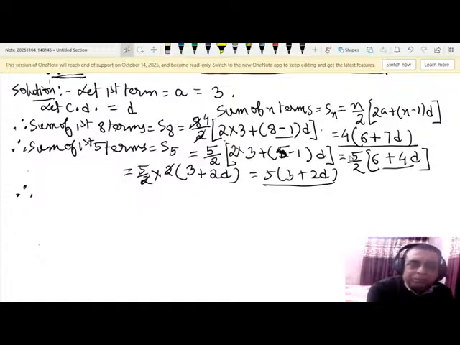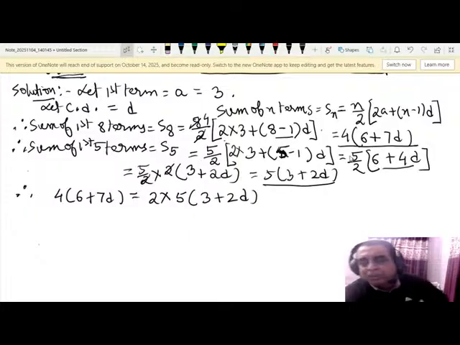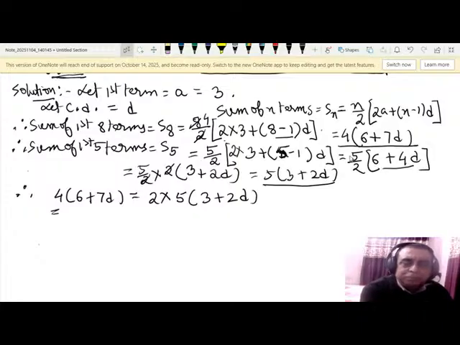The sum of the first 8 terms is 4 times 6 plus 7d, that is equal to 2 times the sum of the first 5 terms, so 2 times 5 times 3 plus 2d. Now there is only one unknown in this equation, d. That value we can obtain by solving this equation.